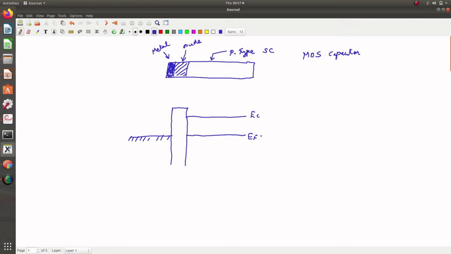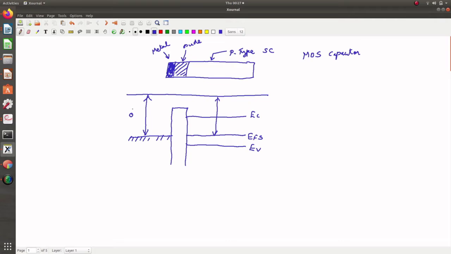This is the Fermi level at the semiconductor side, and since we are taking the p type, we have the valence band closer to the Fermi level, and the vacuum level will be somewhere here, so that the work function at the metal side is same as the work function at the semiconductor side.